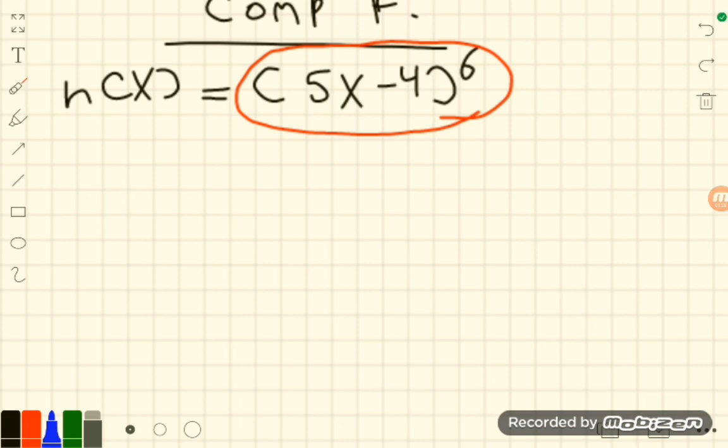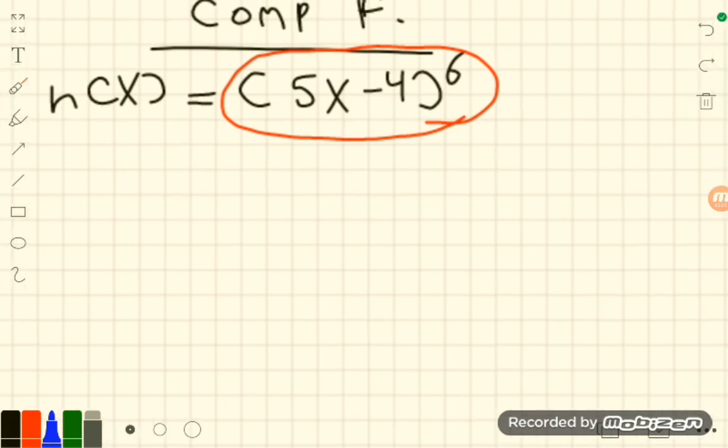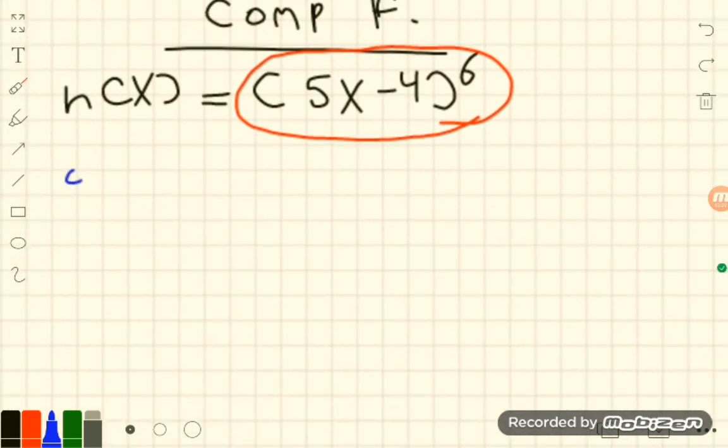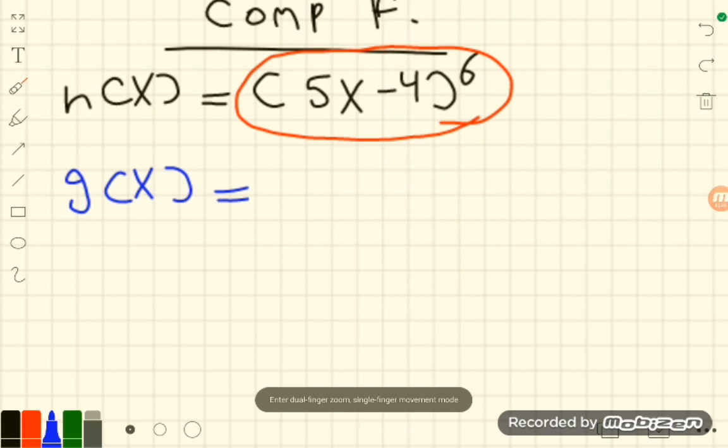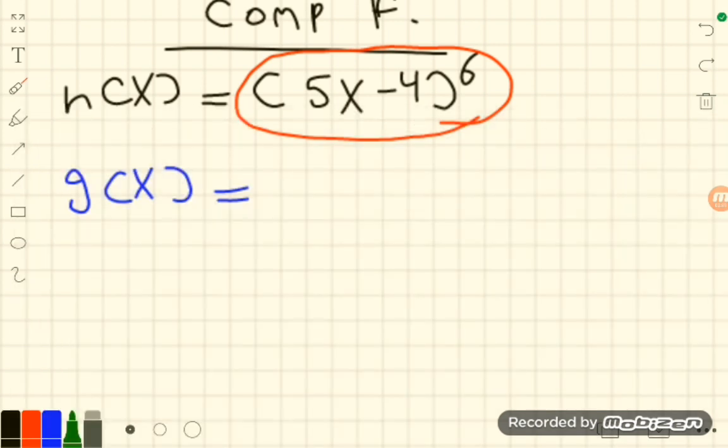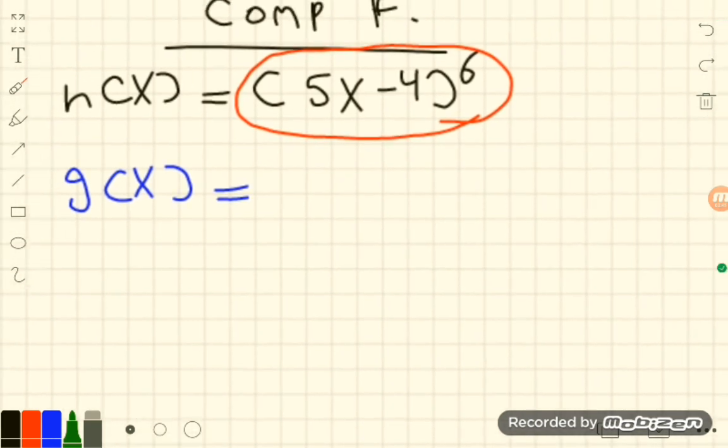So if I have a smaller function, say g of x, I see two functions. I see something raised to the 6th power. So let's say that g of x is nothing but x to the 6th power.